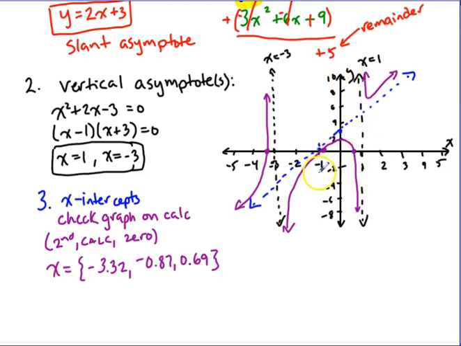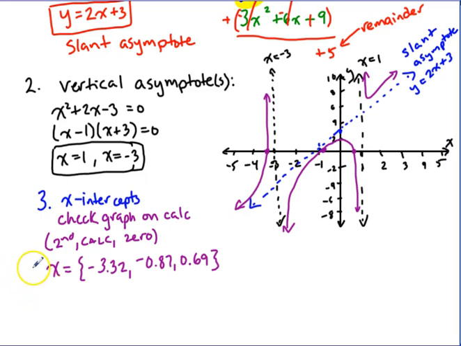So kind of a complex graph, but once we have that all in place, we can kind of see its shape pretty well. And again, I'll label the slant asymptote. Got the vertical asymptotes labeled. We've dotted each of our x-intercepts, and we have our function. So we just need to state what the y-intercept is.